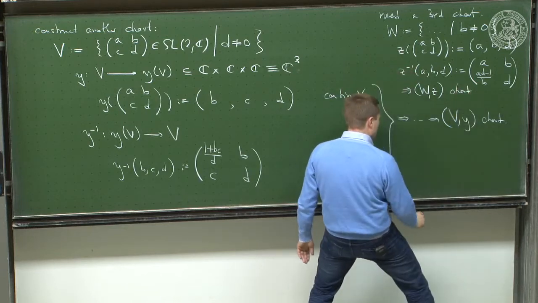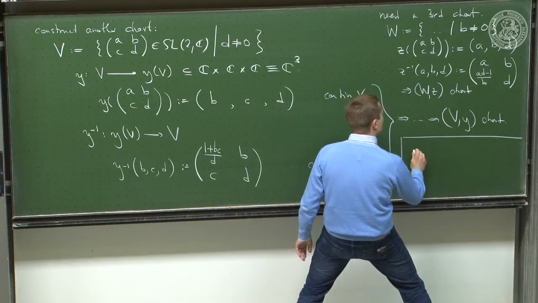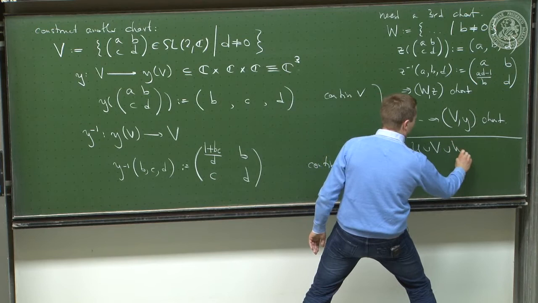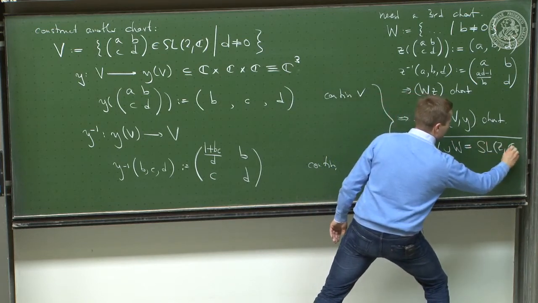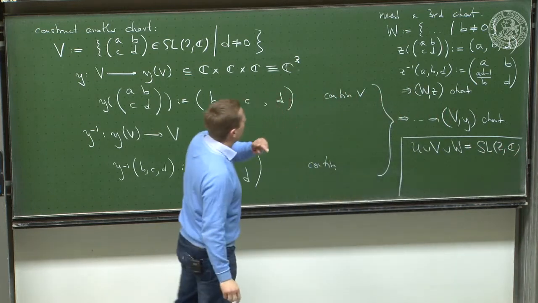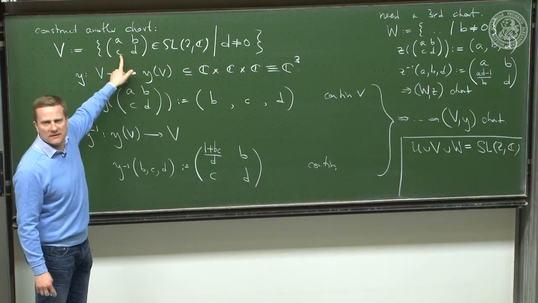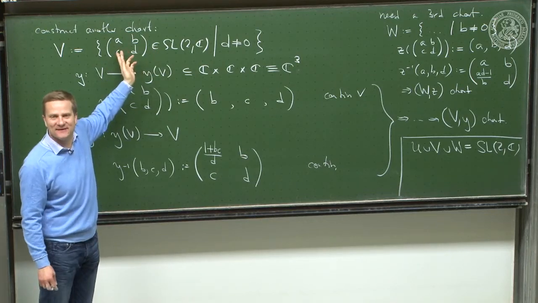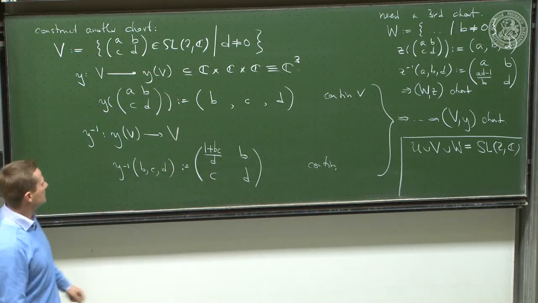And now the overall result of this little subsection is that the union of U with V with W certainly covers SL2C, because the only point that's not covered now is where all four are 0, but that doesn't have determinant 1. Okay? So these three charts cover.